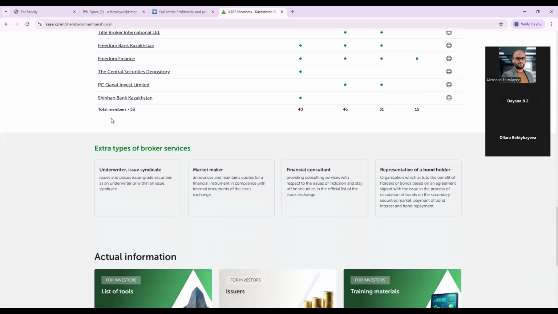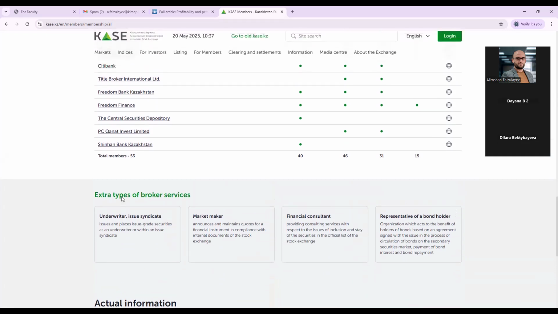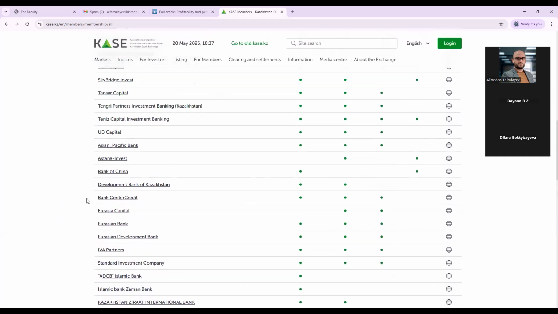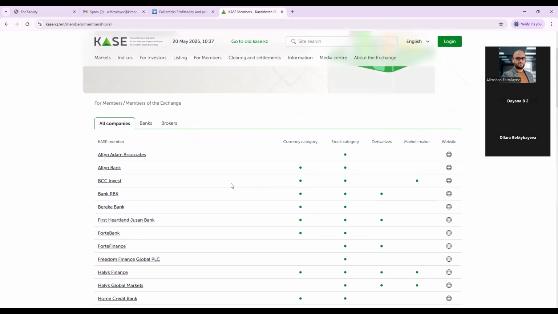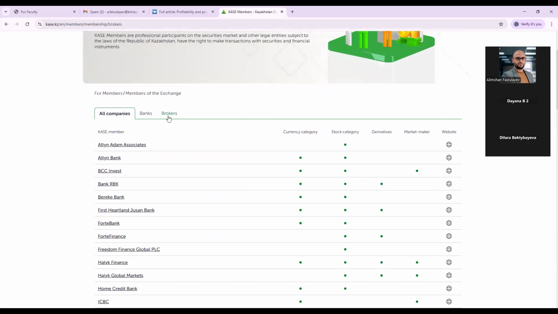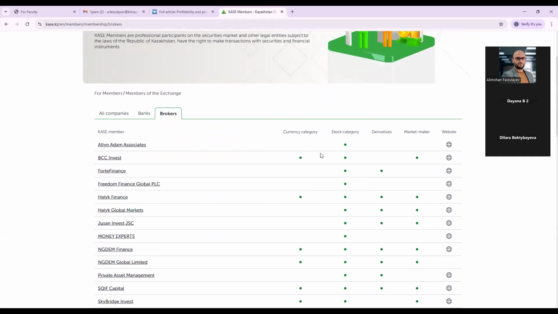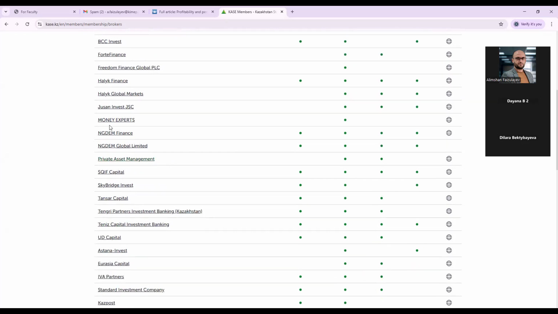So go with the more authorized brokers; they are here, you see them and work with them. For example, I'm going with Jusan Invest. I like their app, it's very good. They categorize the products.